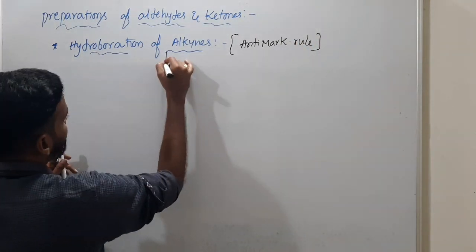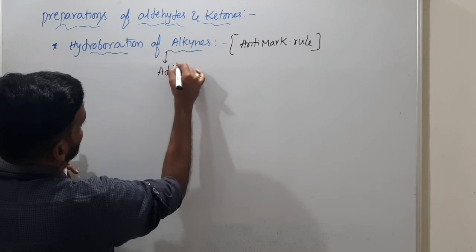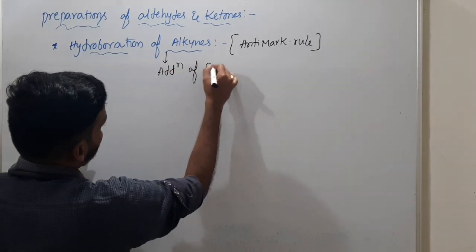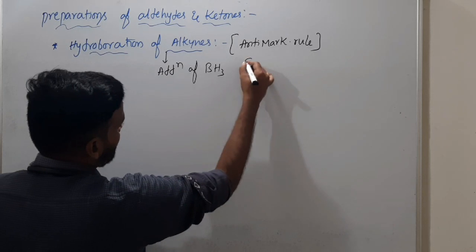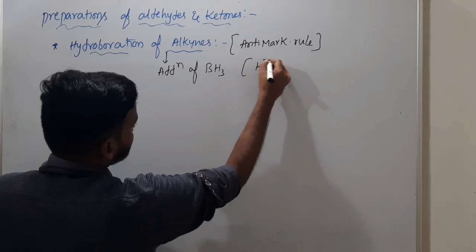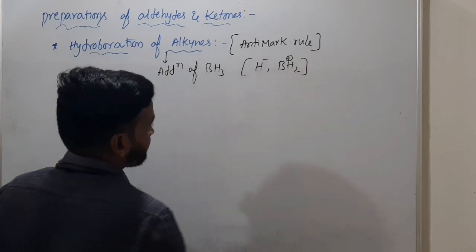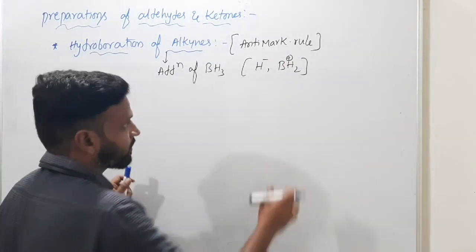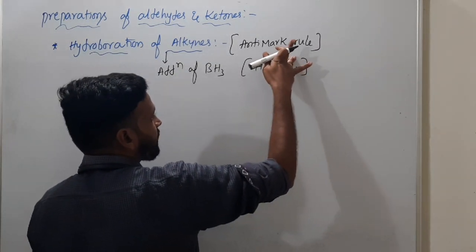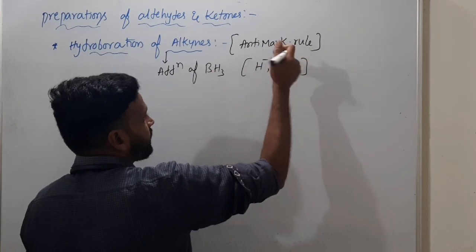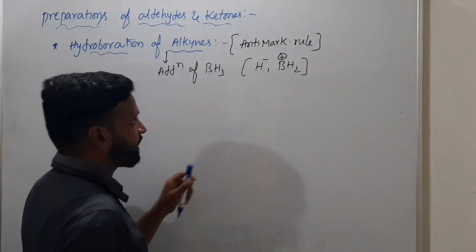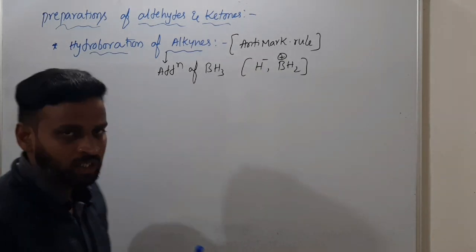Okay, addition of BH3. Hydroboration means what? Addition of BH3, as H minus and BH2 plus. Do you remember this? Hydrogen is more electronegative than boron, that's why it is BH2 plus and this is H minus.